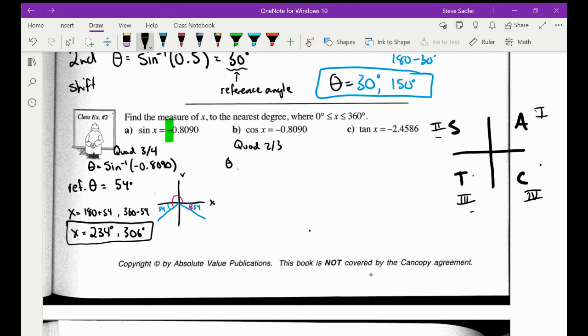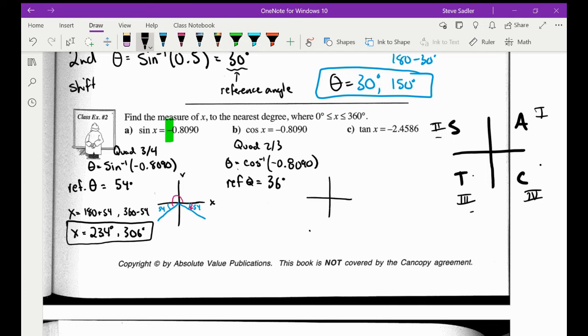And we know that the reference angle is going to be shift cos, or second cos, of negative 0.8090, which gives us a reference angle of 36 degrees if I type that in my calculator.